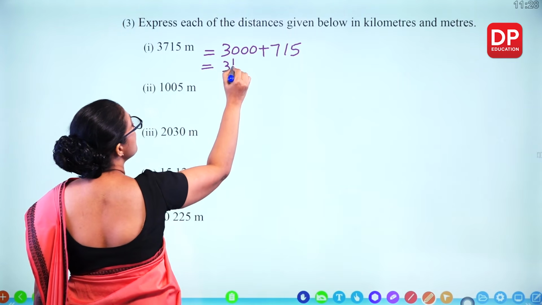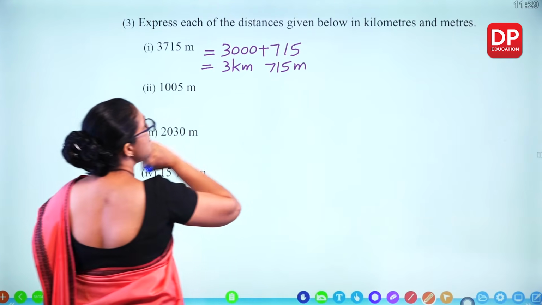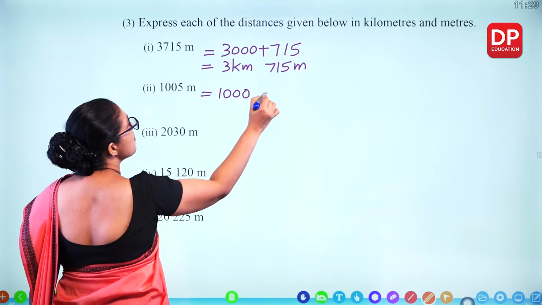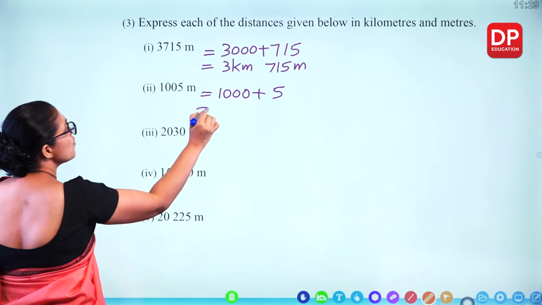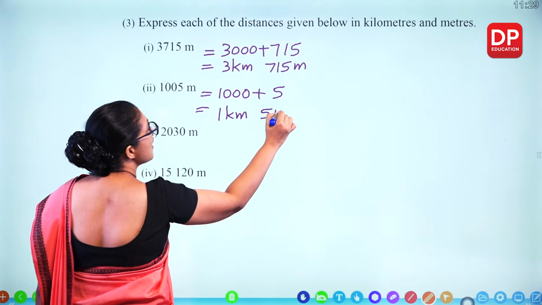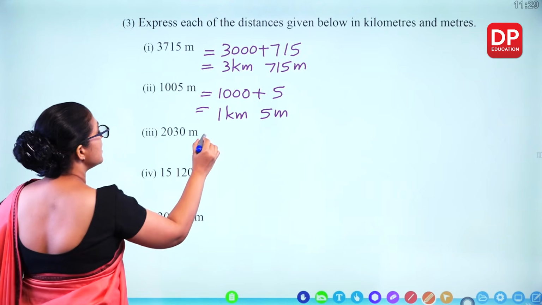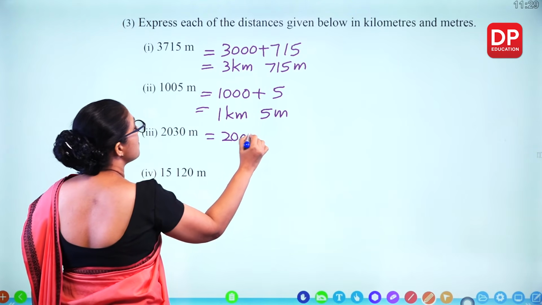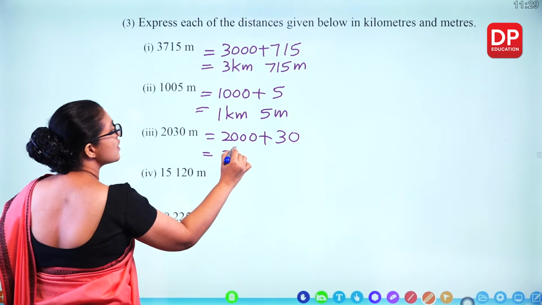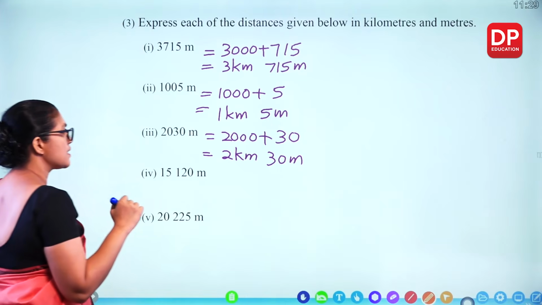That's 3 kilometers and 715 meters. 1005 I can split, 1000 plus 5. 1000 divided by 1000, that's 1 kilometer and 5 meters. 2030, 2000 plus 30. When you divide this by 1000, you get 2 kilometers and 30 meters.